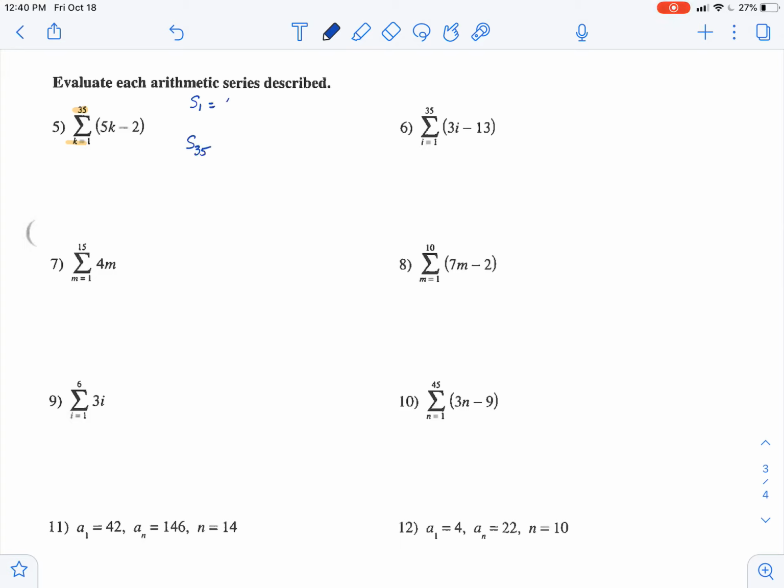So we're just going to do 5 times 1 minus 2. So that's 3. For S35, we're going to do 5 times 35 minus 2. And let's run those numbers. So 5 times 35 is 175, minus 2 is 173.